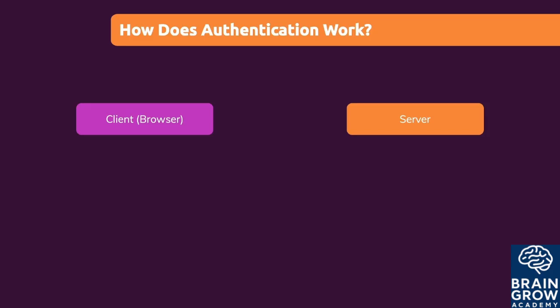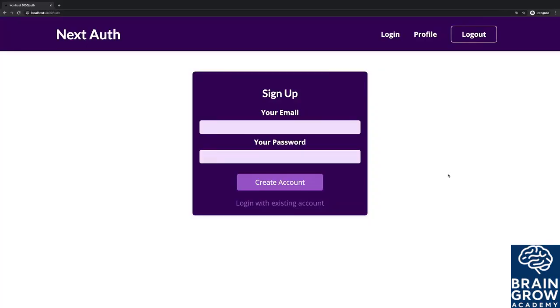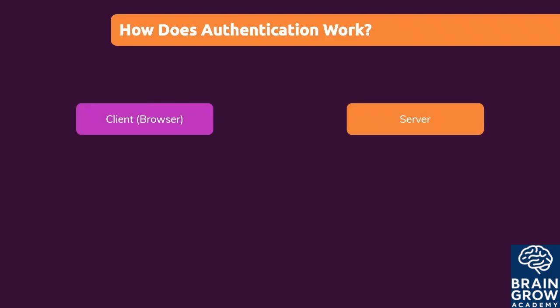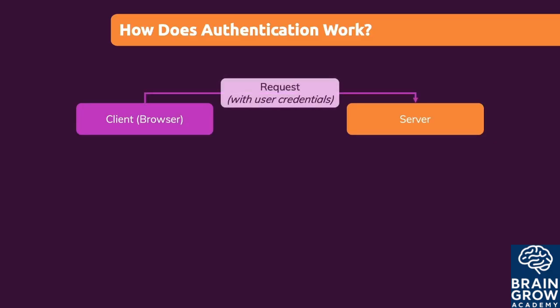Well, the user enters some data into a login form, like this form here, for example, in the login mode. So the user enters some data here and clicks log in. When that happens, we send a request with JavaScript to the server. A request which contains the user data, email and password, for example.